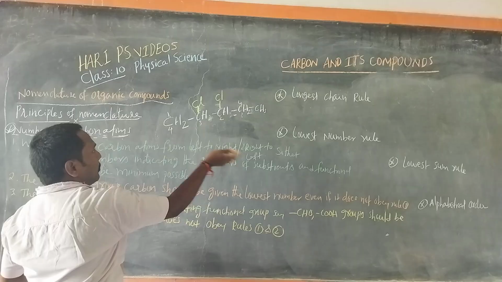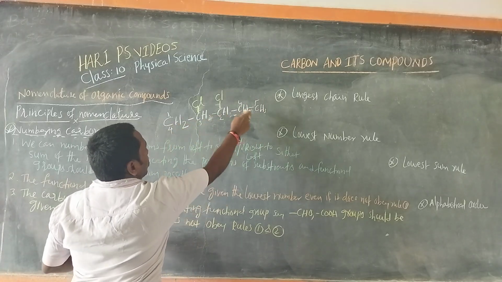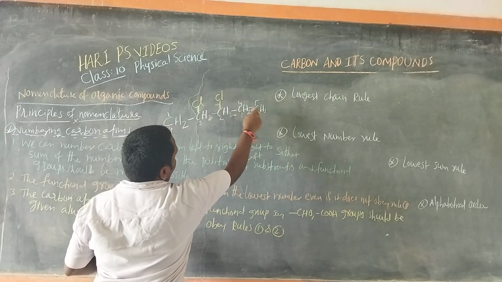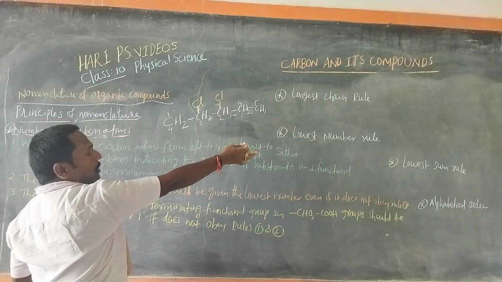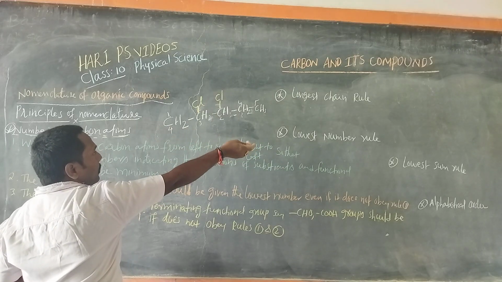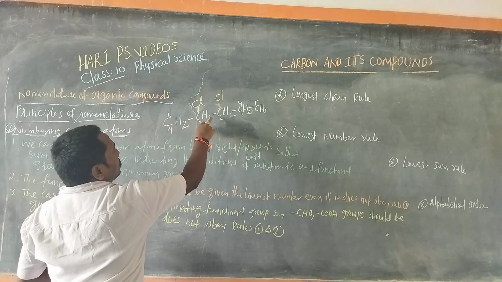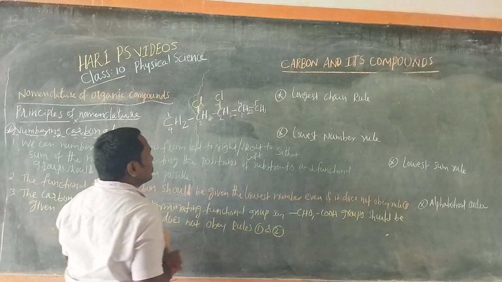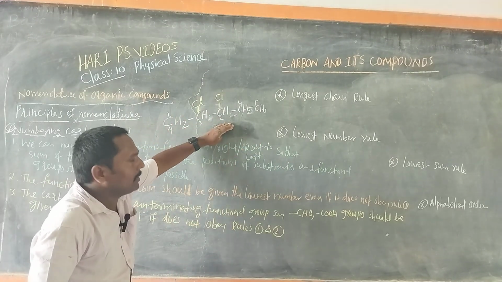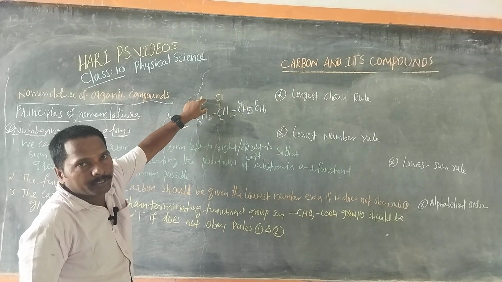So give the numbers 1, 2, 3, 4, 5 from left to right. When we count the carbon atoms from left to right, 1, 2, 3, 4, 5, the second carbon and third carbon have substituents.